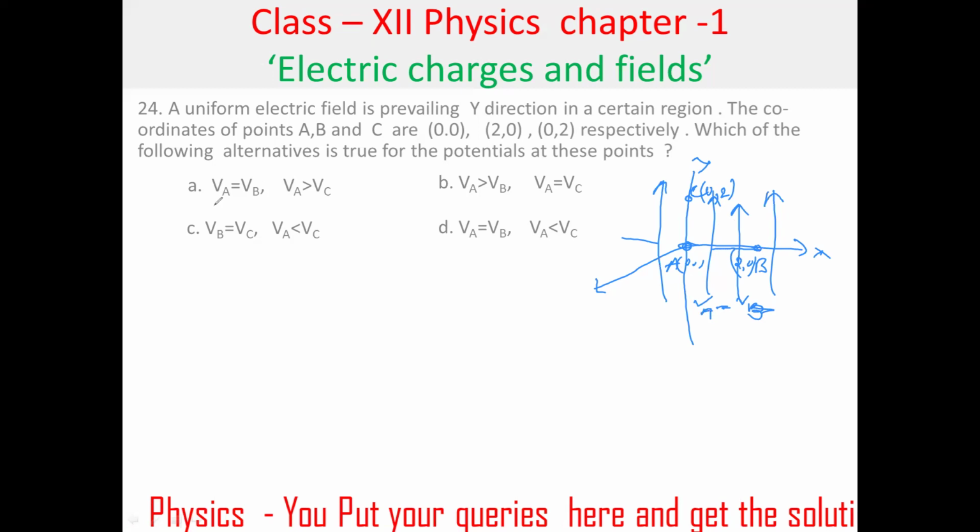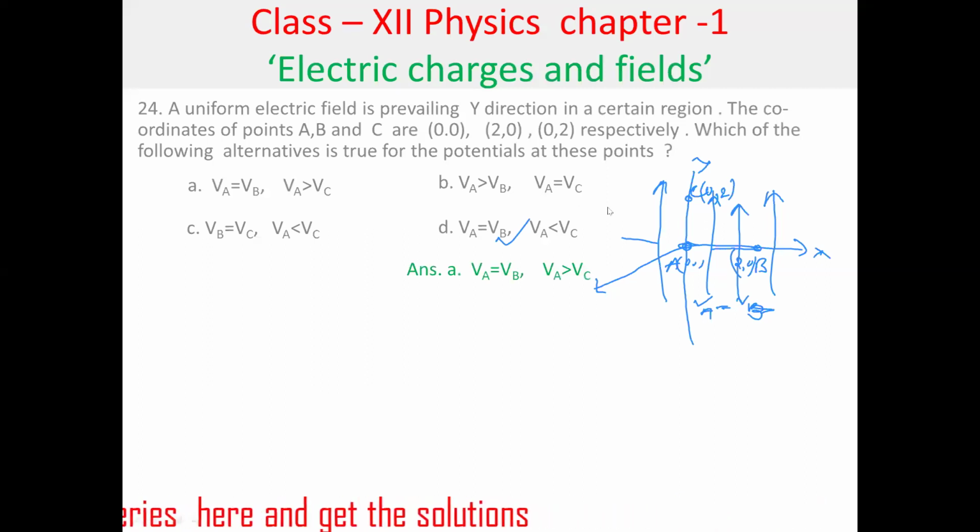Now VA equal to VB is correct. VA greater than VC is false, because VC is greater than VA. So this will be the answer. Hope this is clear to you.